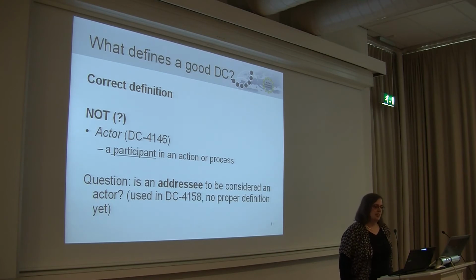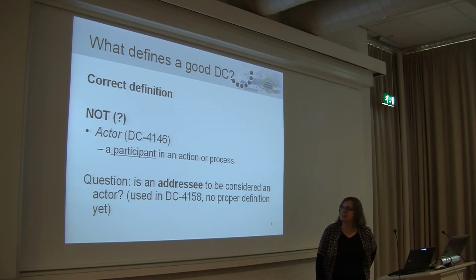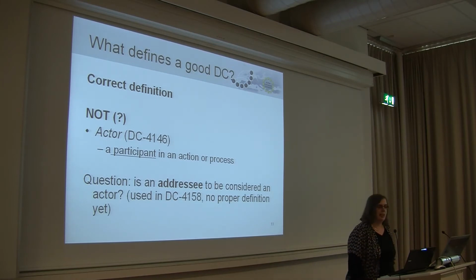For example, there's also a definition, I'm not sure whether that one was a good definition. Actor is a participant in an action or process. Okay, then it's not clear what action and process are, because there are several definitions, for example, of process in ISOcat, and it's not clear what is meant. But there are other definitions where there is someone called an addressee.